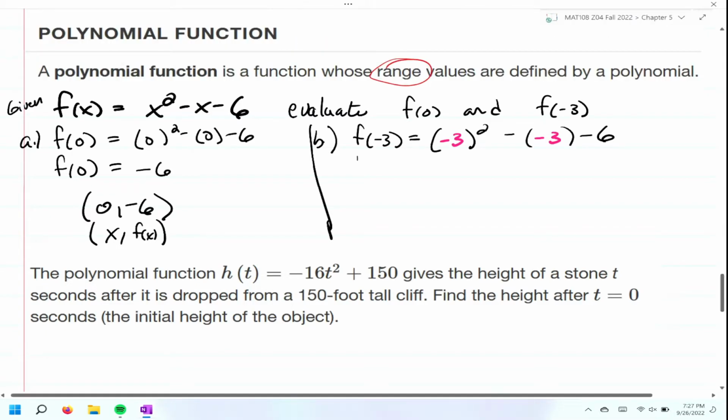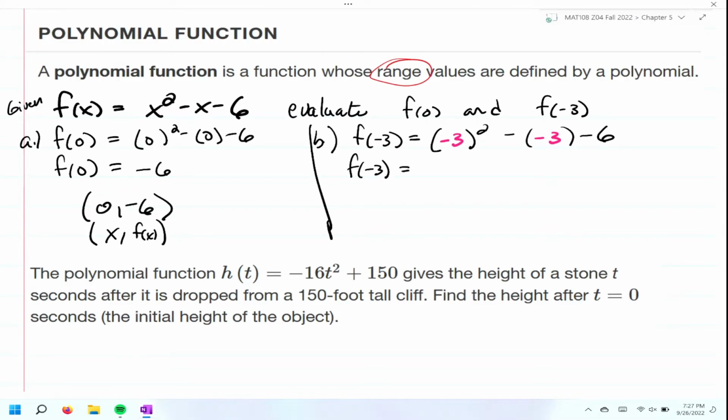So f of negative 3 is going to equal negative 3 to the second power, which is positive 9, minus a negative 3, which is really plus 3, minus 6. So f of negative 3 is going to equal 9 plus 3 is 12, and 12 minus 6 is 6. Therefore, the ordered pair will be negative 3, comma, positive 6.